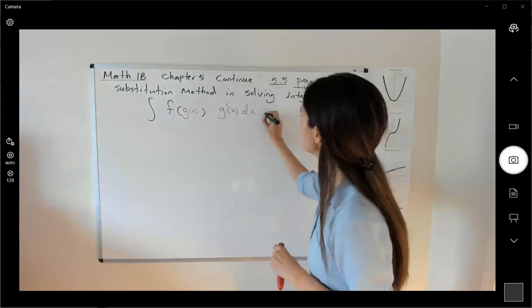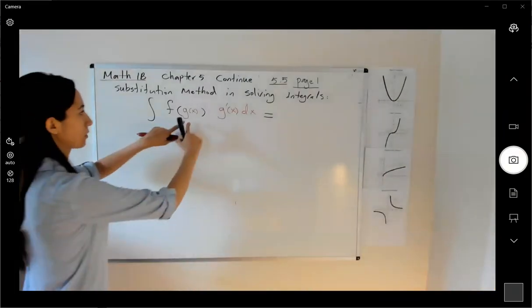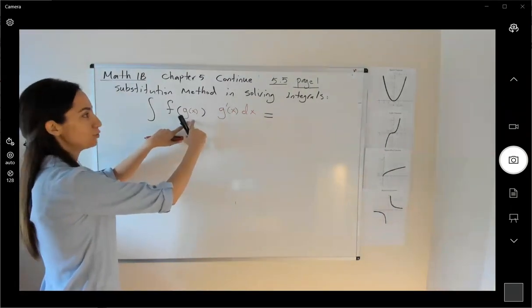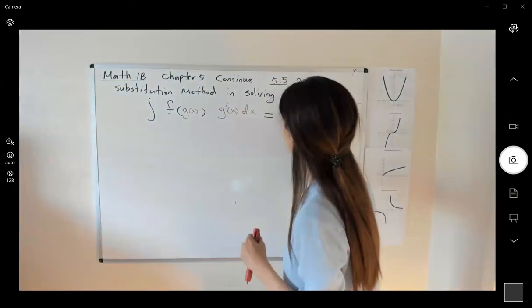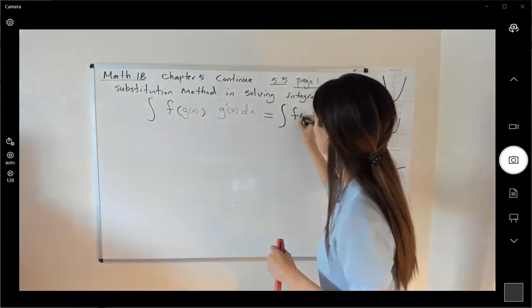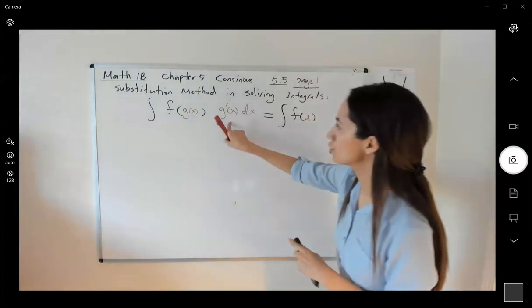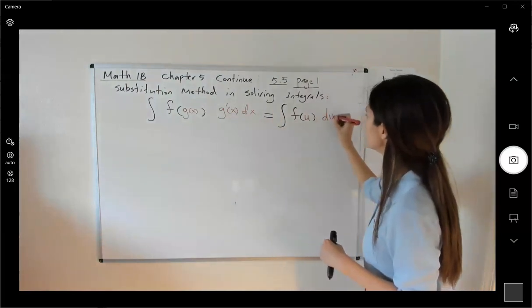This integral is equal to, here you can take g as u, then you have du. This is equal to the integral of f of a variable like u, and instead of g prime dx, you can simplify that to du.